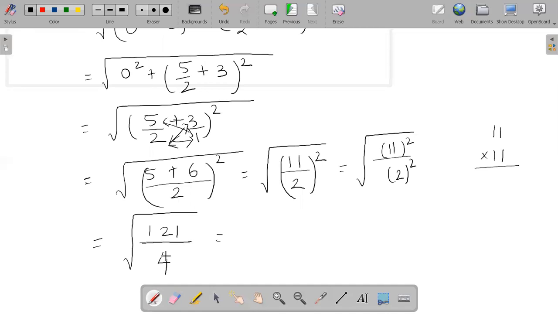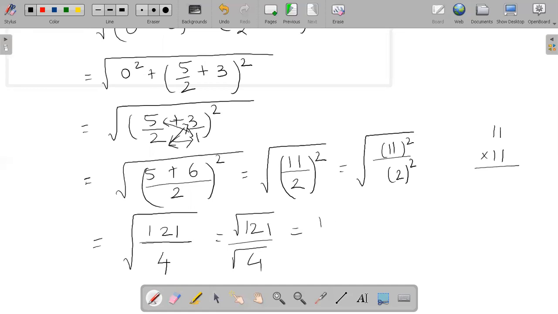Keep these points in mind. So here I will separate the root: root 121 upon root of 4. Now, can you tell me what is the root of 121?